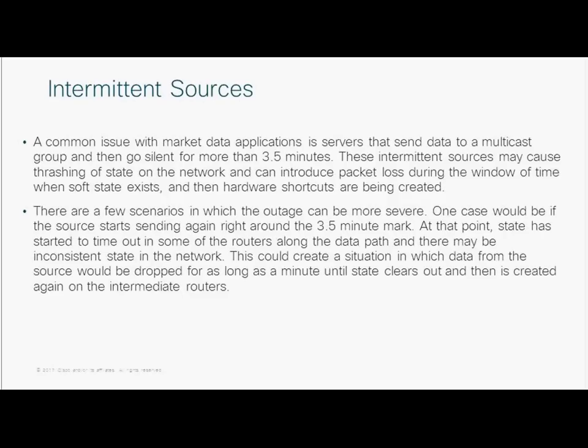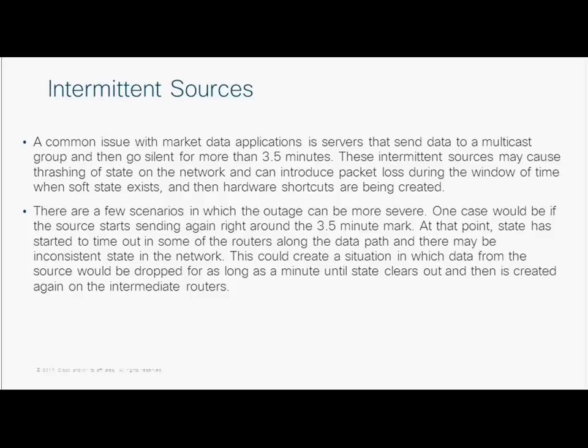This is very interesting. There are some cases where the sources are sending traffic and then they stop. If they stop for more than 3.5 minutes, this will cause the PIM protocol to flush the states. So every time you start sending traffic again, the process of building the states all over the network will start again.